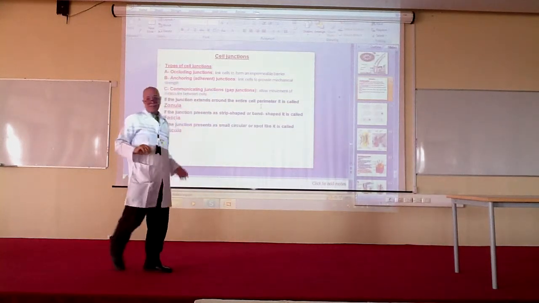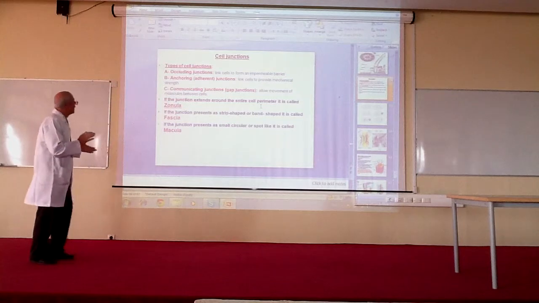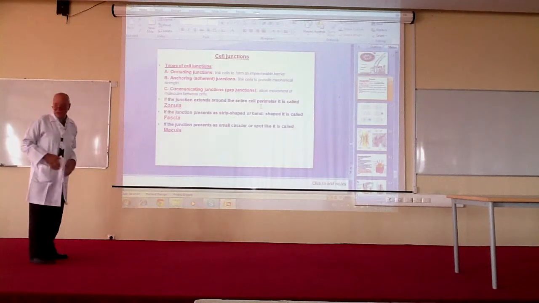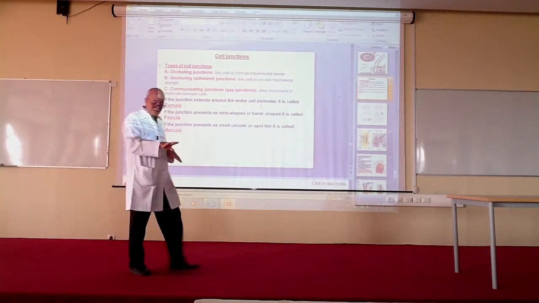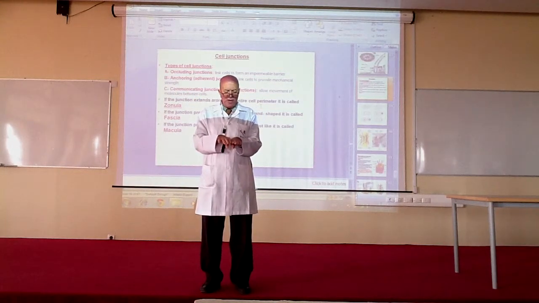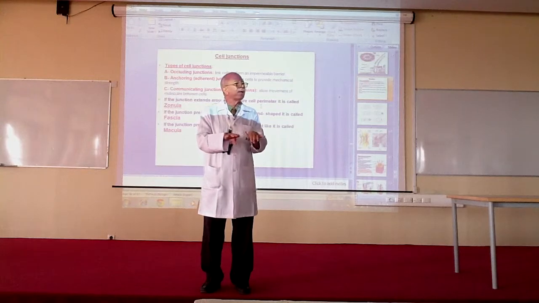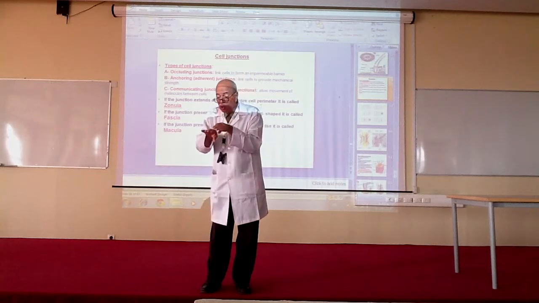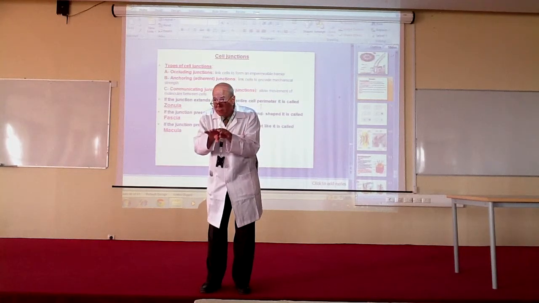Cell junction, three main types. Number 1, occlusion junctions. What do you mean by occlusion? My fingers are the cells. The spaces in between cells are closed at the apex, or close to the apex.